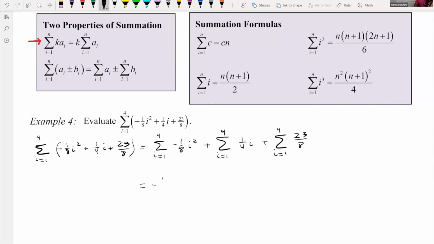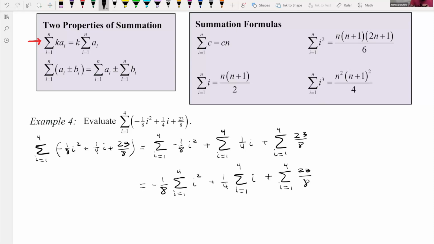So we get negative 1/8 times the sum i equals 1 to 4 of the i squareds, plus 1/4 comes out, the sum i equals 1 to 4 of just plain i, and then here we're going to have the sum i equals 1 to 4 of 23/8.